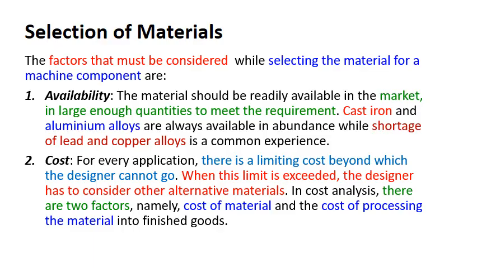Just because it is available cheaply, we must not also prefer it. So somewhere we may have to make a trade-off between cost and performance of the system, because when you select a cheap material for your part, its life will be very short. So you have to make a trade-off there.